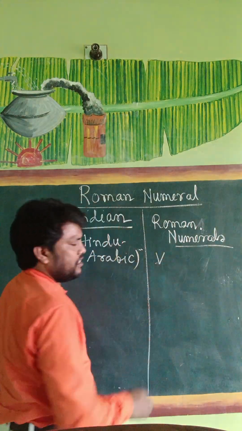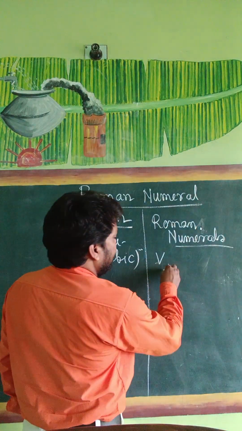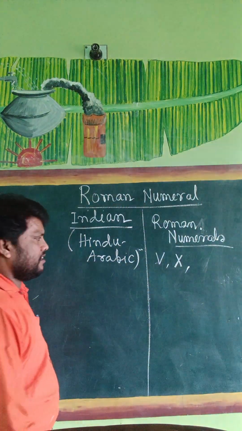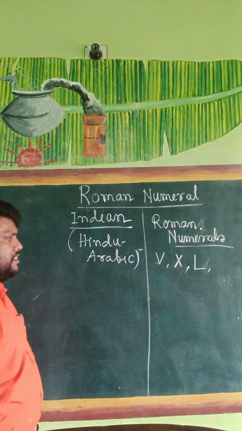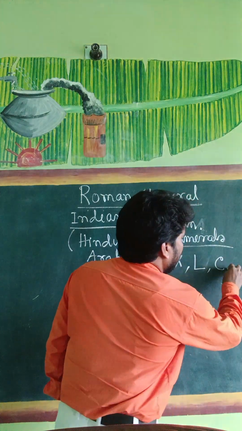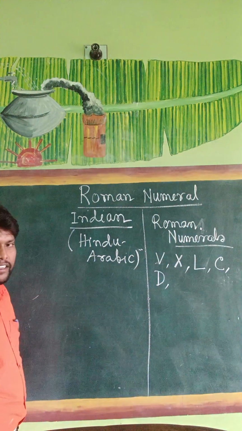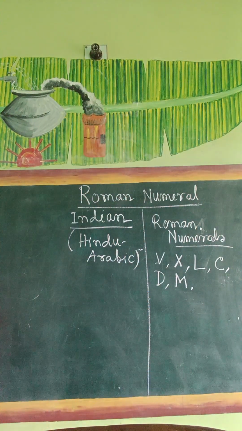At first I am writing some Roman numerals. It is written as V, that is 5. Then X, it is 10. Then L, it is 50. Then C, it is 100. Then D, it is 500. Then M, it is 1000.